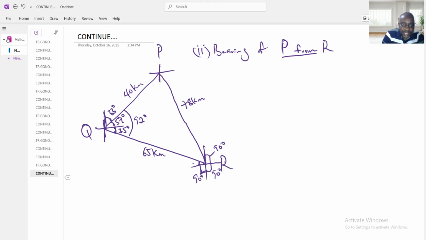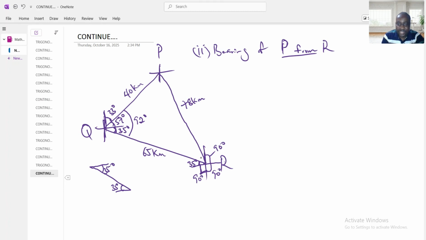If this space is 35 degree, this space will be 35 degree. It is called alternate angle. Because under here we have 35 degree here, and this space will also be 35 degree. That's why we have 35 degree here. 90, 90, 90, that's 270.